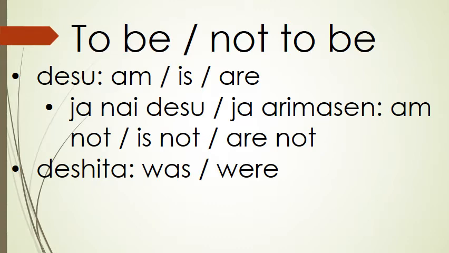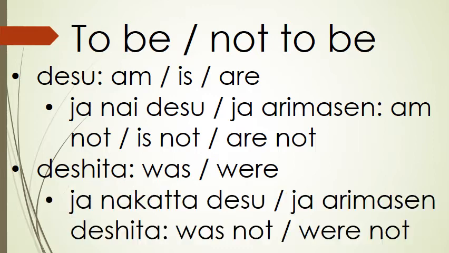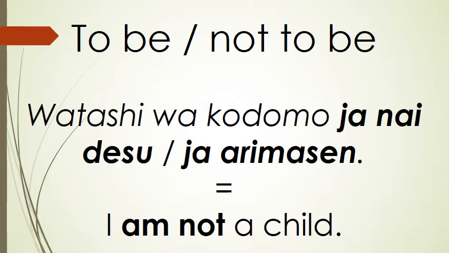Janai desu or ja arimasen means am not, is not, or are not. And ja nakatta desu or ja arimasen deshita means was not or were not. So if I were to say Watashi wa kodomo janai desu or ja arimasen, that would mean I am not a child.